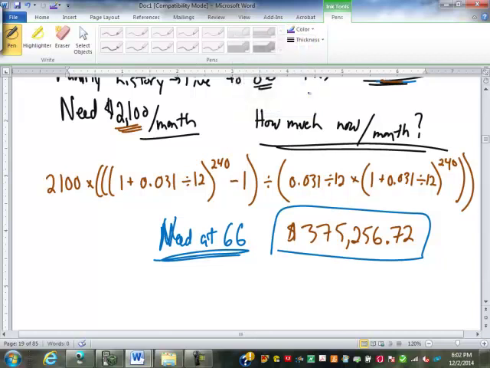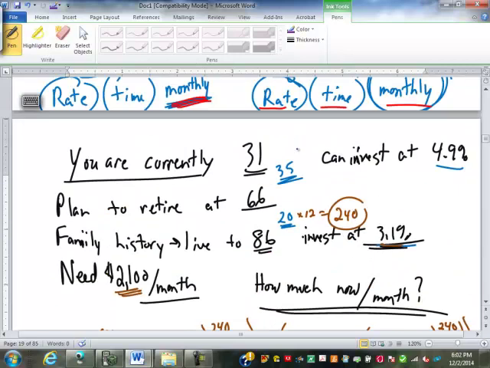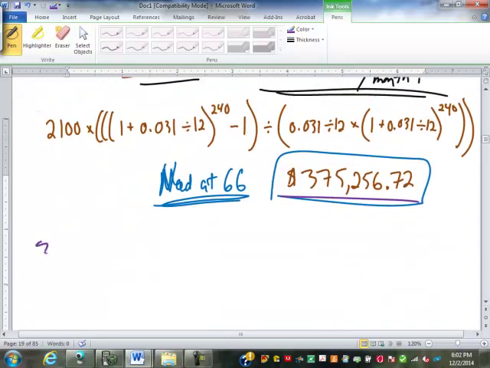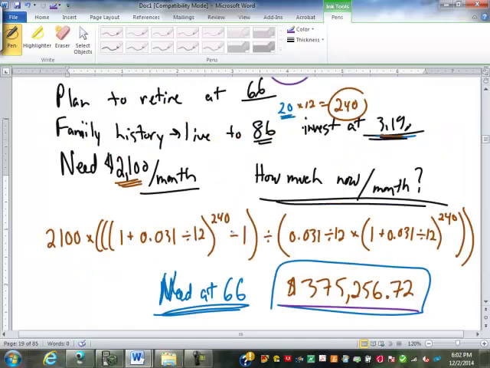Now we need to figure out how do we get to that lump sum, where we're going to invest for 35 years to get to that sum at 4.9%. So $375,256.72 divided by, now we're back in the accumulation phase, so it's going to be slightly different again. Open parentheses, 1 plus point, was it 4.9?